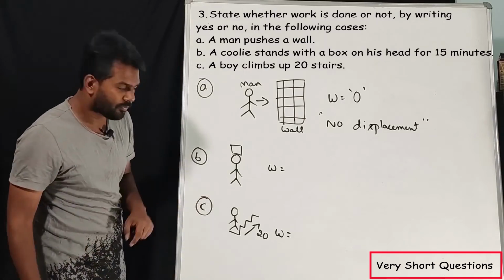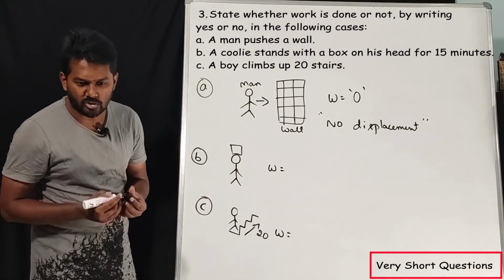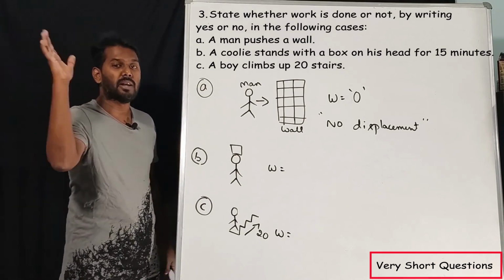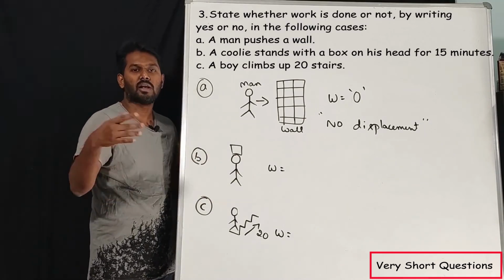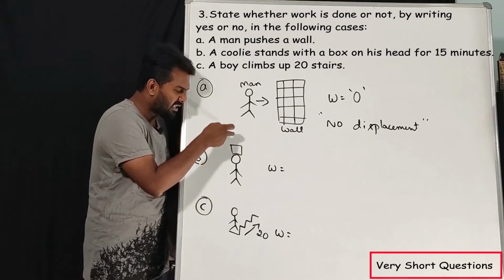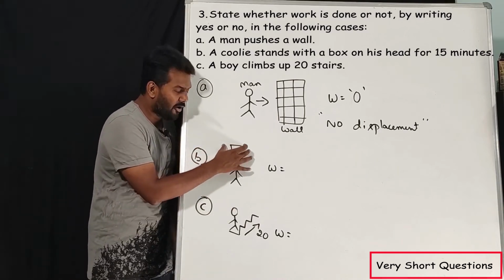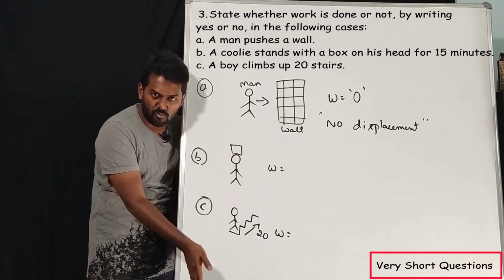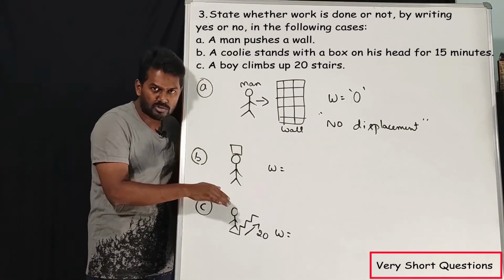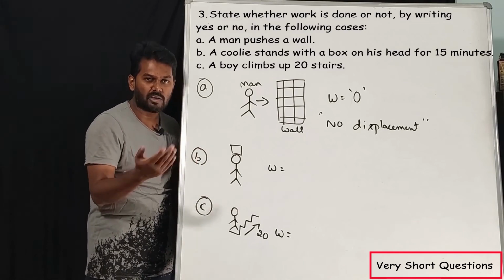Here, see the second question. A coolie stands with a box on his head for 15 minutes. If it is 15 minutes or an hour or 24 hours, he is not moving.